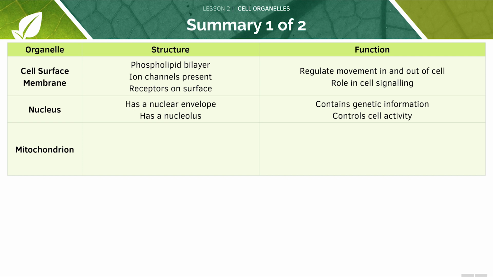Now we will look at the mitochondrion, which consisted of cristae, its own DNA, and ribosomes. Its function was to help with respiration.